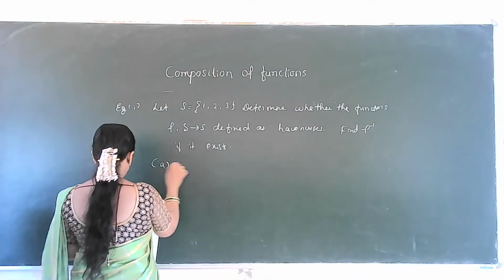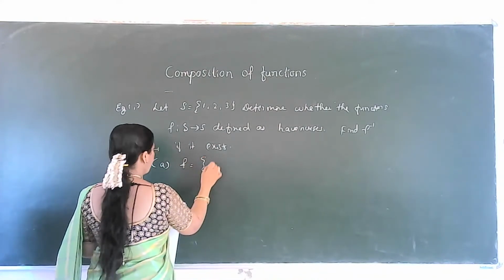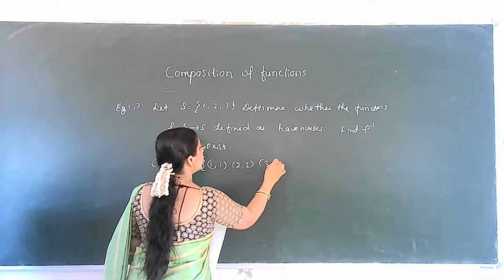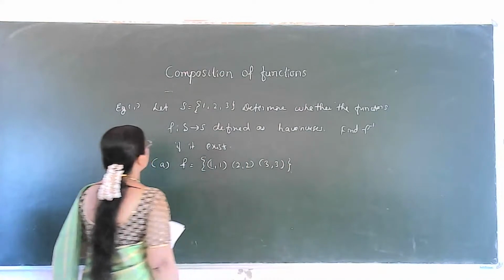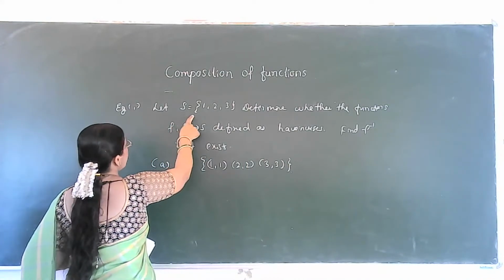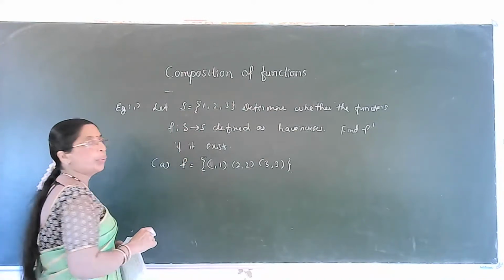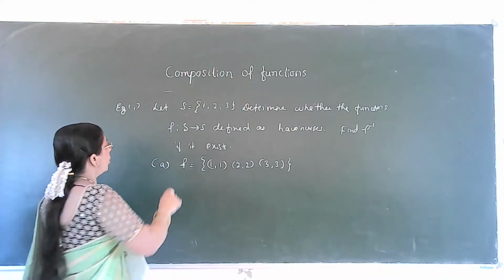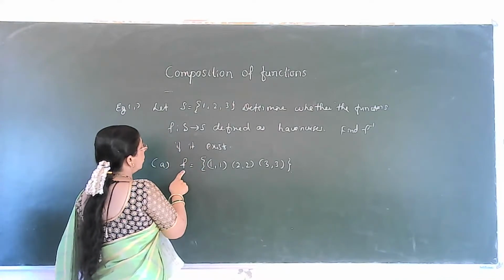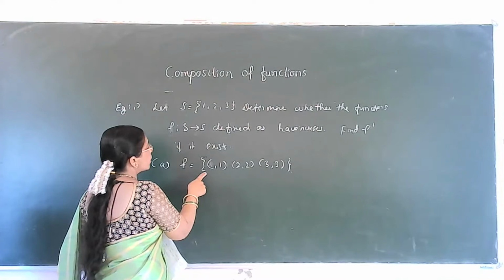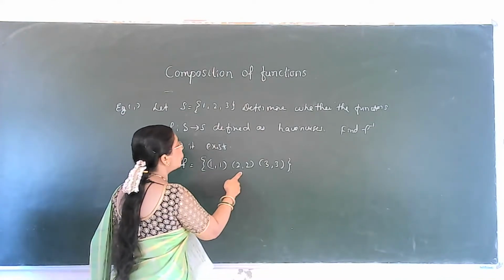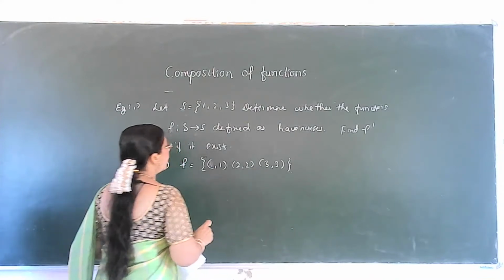Some problems are given here. f equals {(1,1), (2,2), (3,3)}. Here S is a set having the elements 1, 2, 3, and f is a function from S to S. f is a function having the ordered pairs (1,1), (2,2) and (3,3).